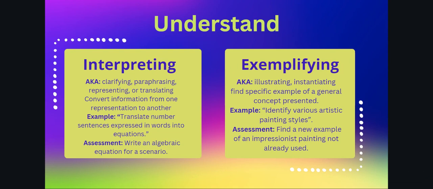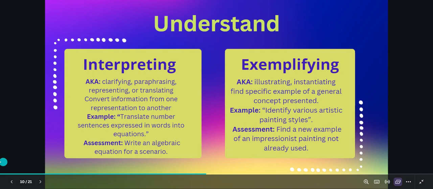Interpreting, for example, is also called clarifying, paraphrasing, representing, or translating, and it includes learners being able to take information from one form and represent it in a different way, such as writing algebraic equations from word problems.